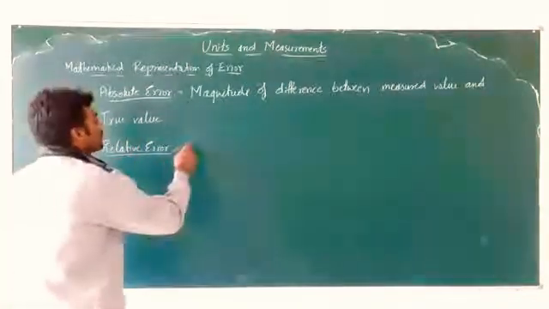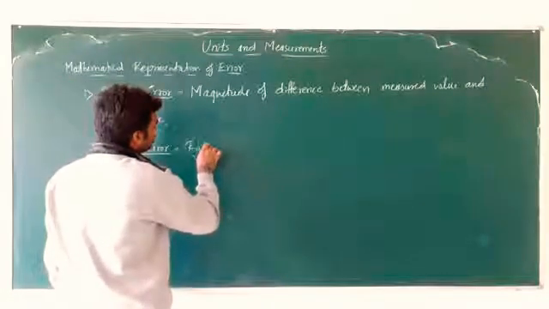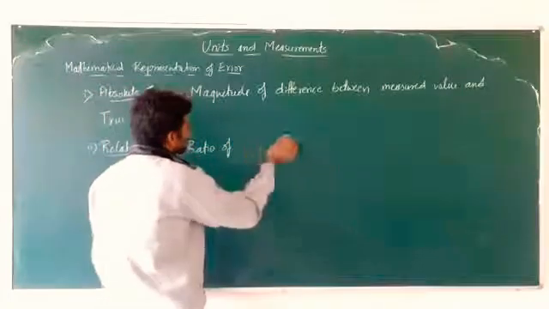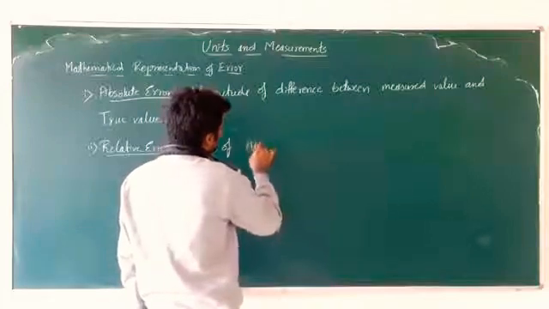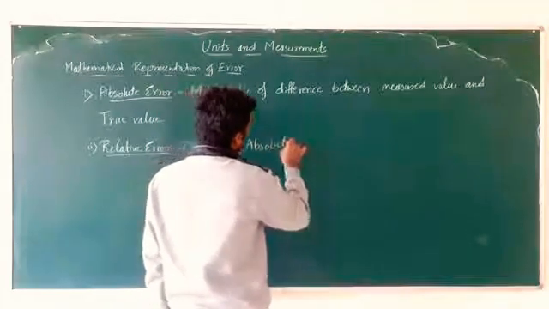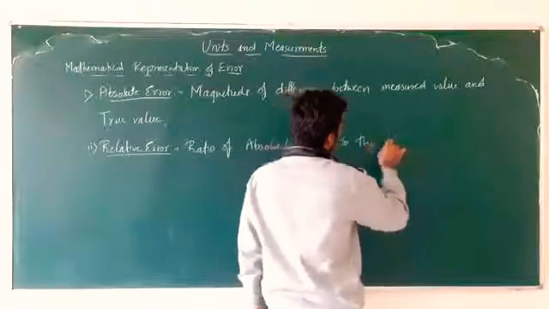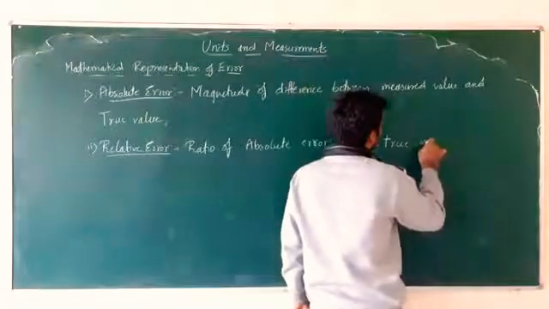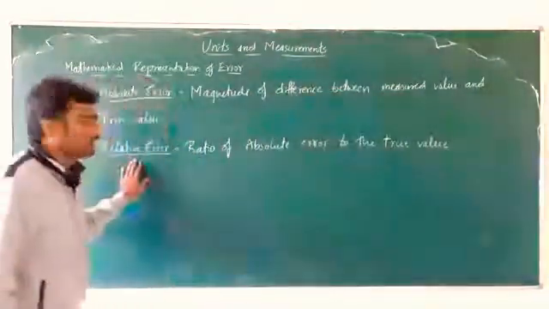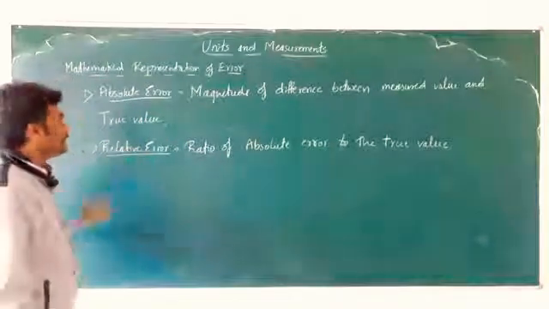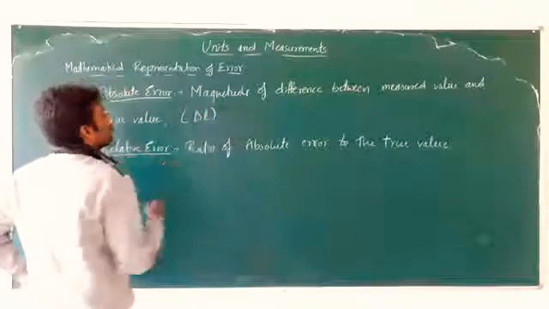The relative error is the ratio of absolute error to the true value. Clear? So that is relative error. The way of representing absolute error was delta L, isn't it?